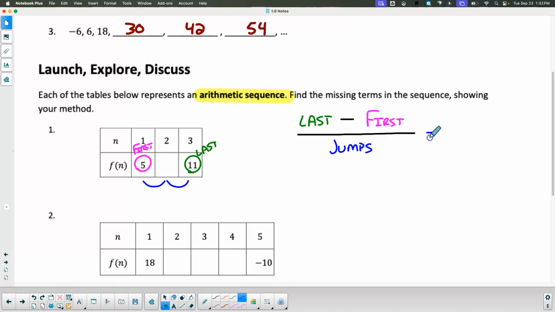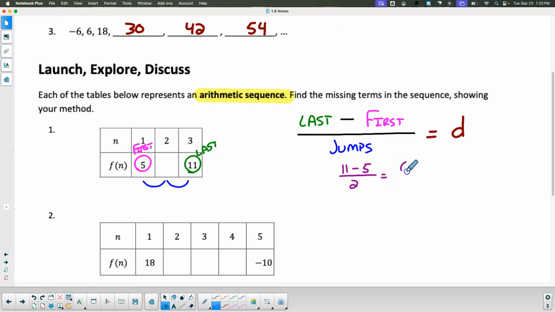And that, ladies and gentlemen, will give me my common difference, D. In this case, it would be 11 minus 5 divided by 2. 11 minus 5 is 6. 6 divided by 2 is 3.